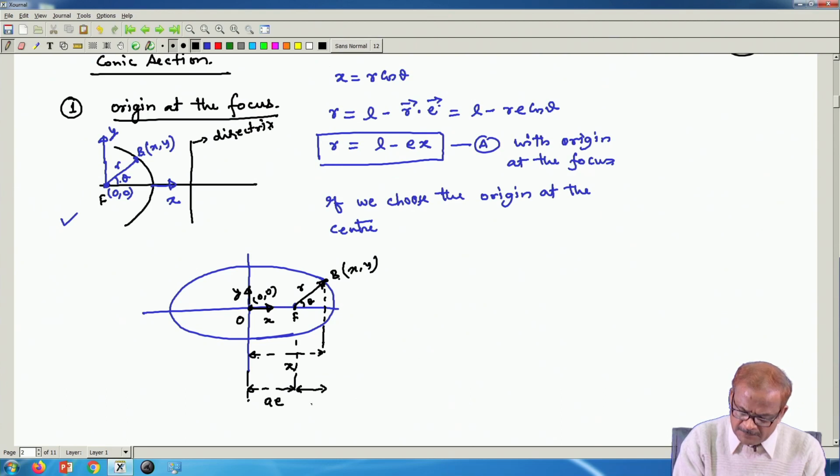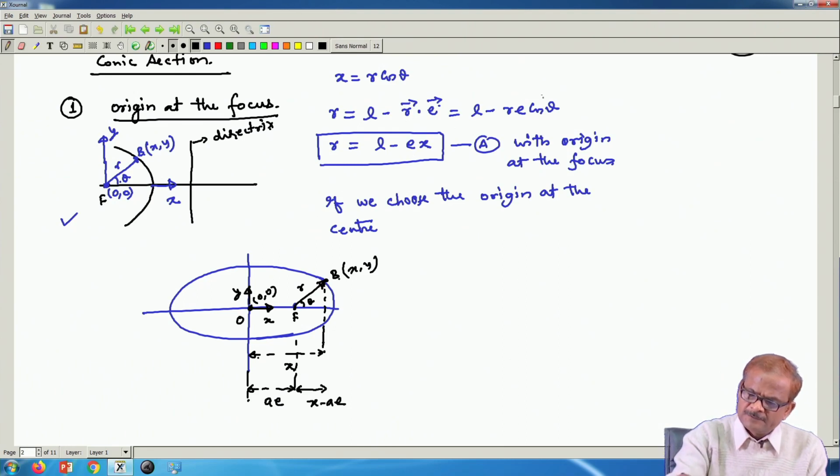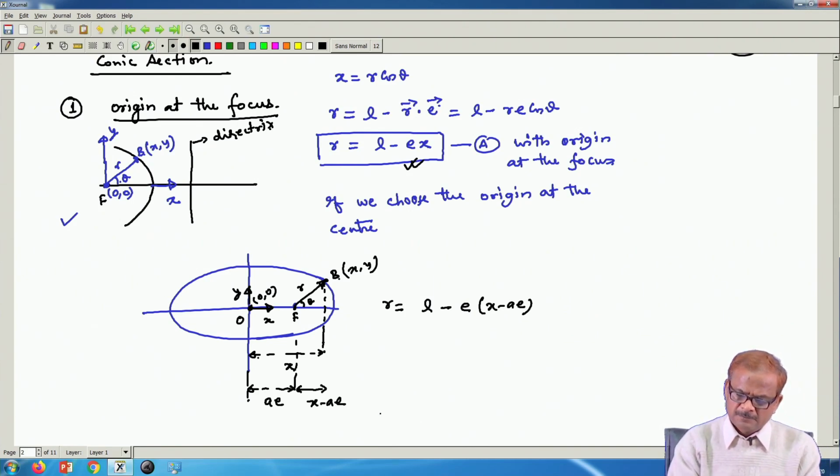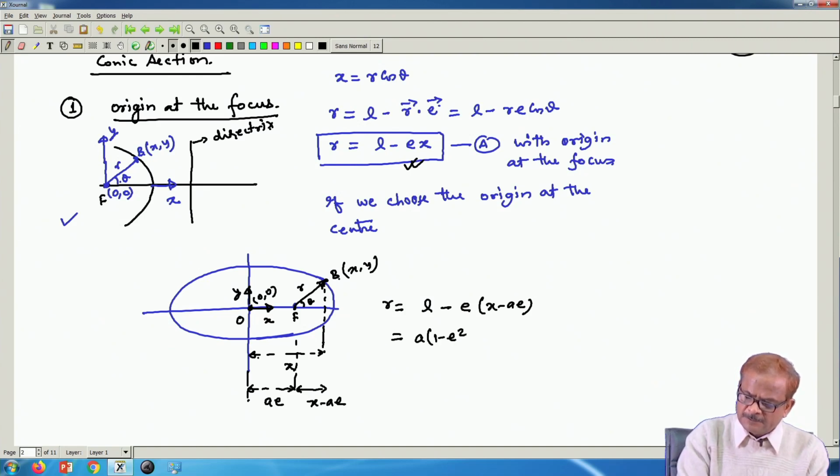this distance will be x minus ae, and then we use this equation. So, we can replace this as L minus e, now x will be replaced by x minus ae. Also, we will be proving that L equals a times 1 minus e squared, which we have not done yet.